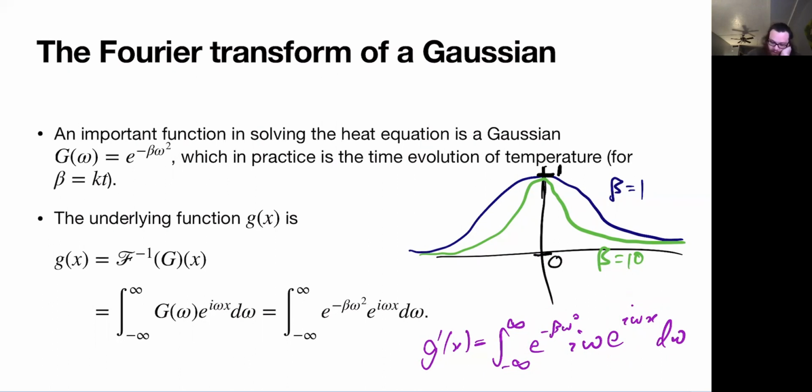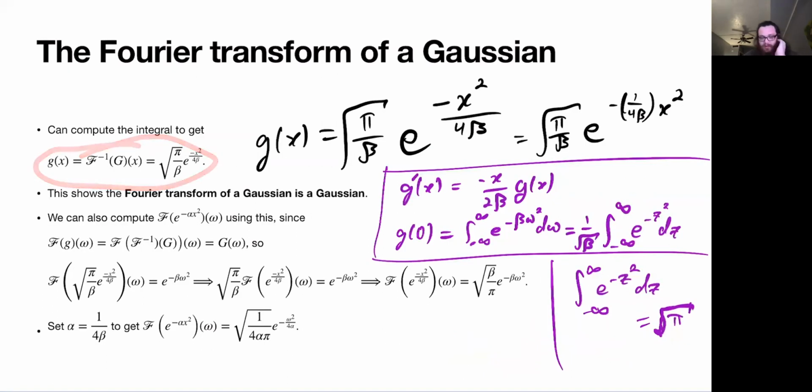Cool. So great. So we know what the inverse Fourier transform of a Gaussian is. It's another Gaussian. And it turns out we can use this to figure out what the forward Fourier transform of a Gaussian is. So if we plug in this function e to the minus alpha x squared, we want to take the Fourier transform of that. Well, what do we get?